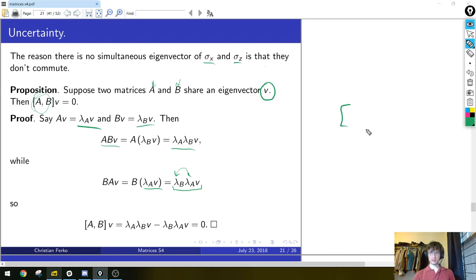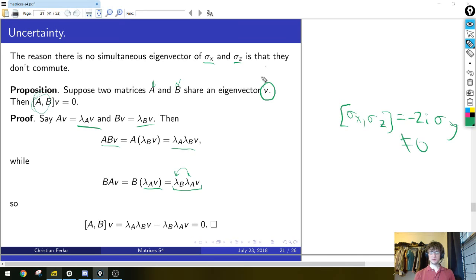But as you showed in Matrices Challenge 1, I think, the commutator of sigma x and sigma z is proportional to, well, this is in the wrong order, so it's minus 2i sigma y, which is not 0. So this is why this can't happen.